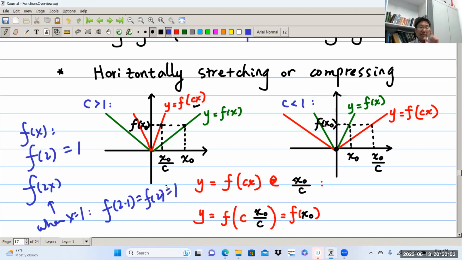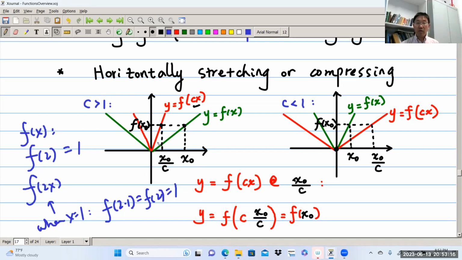Right? So I get the same output, same level. For f of x, I use 2 as the input. But for f of 2x, I just need 1 as the input now. So I use an input closer to the y-axis. That's why it looks like this curve is getting compressed toward the y-axis. So it's called a horizontal compression.